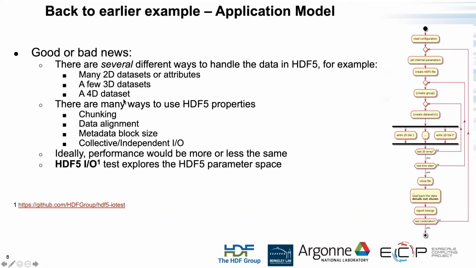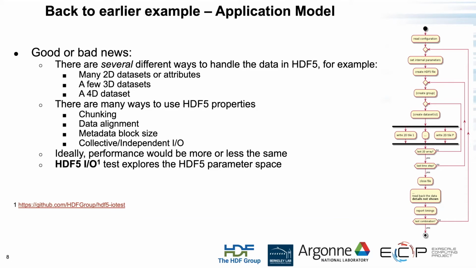We also have to decide whether we want to do chunking, whether we want to align the data in the file itself, what size metadata block size we want to use, and whether we're going to use collective or independent I/O. Ideally, none of this would matter and the performance would be pretty much the same, but it does matter.